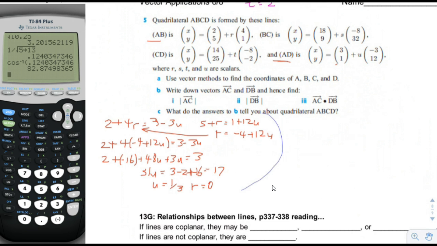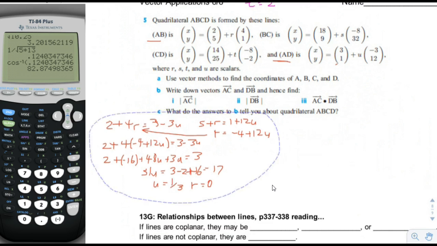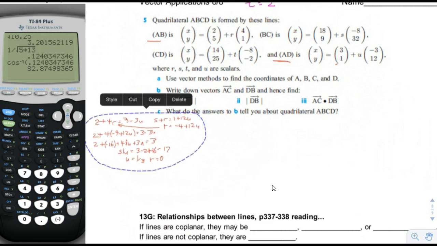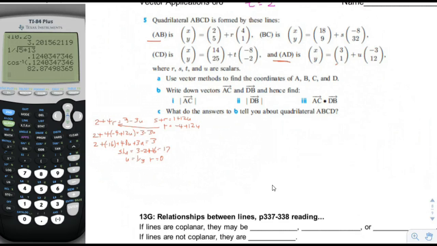Okay? So that is all to find coordinate A. So coordinate A, we could use r equals 0, that's probably easier. Put r equals 0 in there, and we'll just get that A is 2, 5.